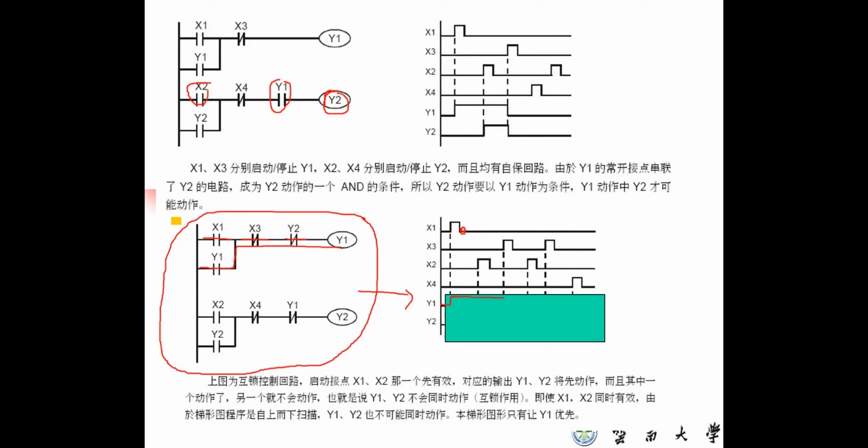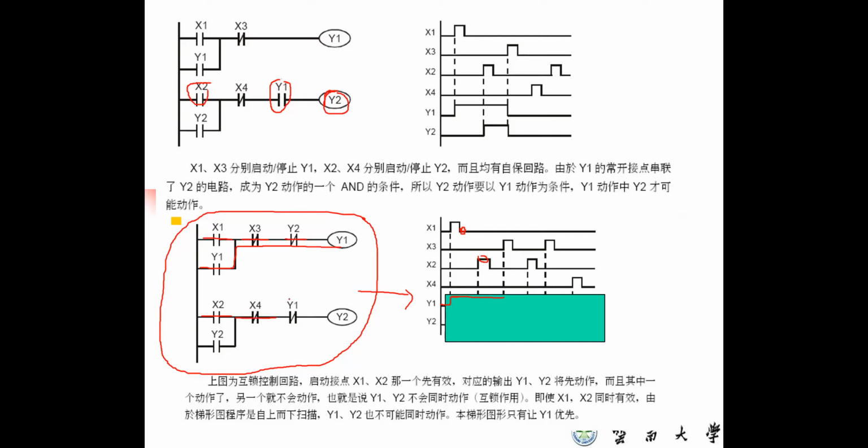When x2 is equal to 1, this is conduction. And this x4 is 0, so this is conduction.